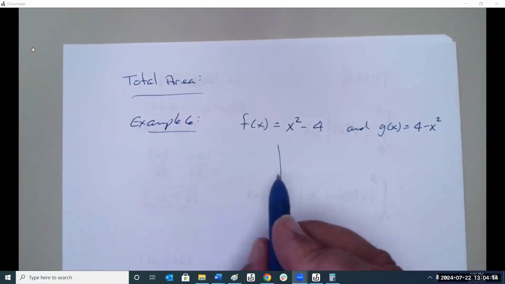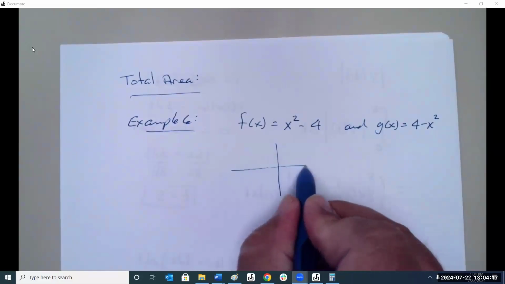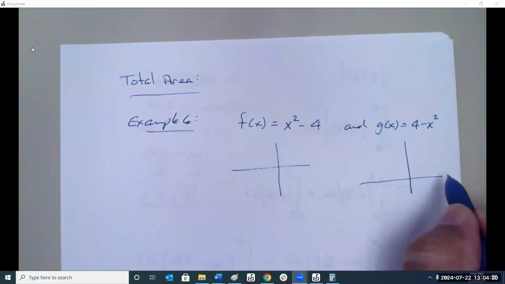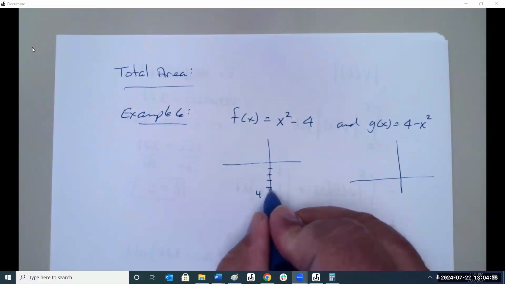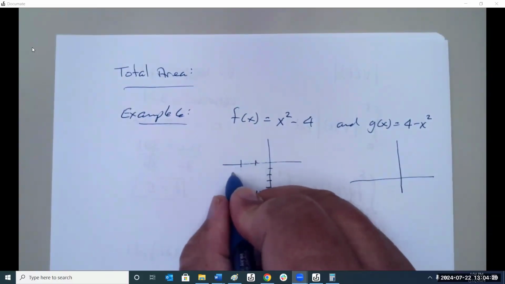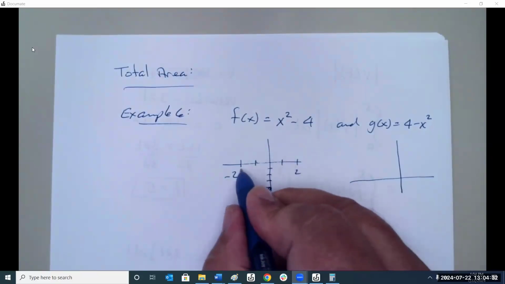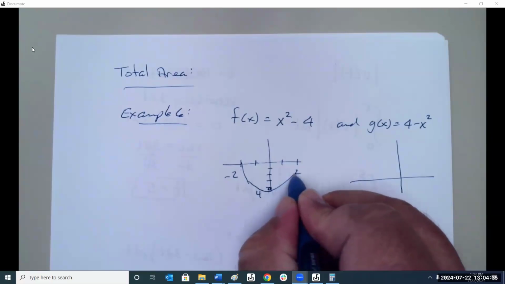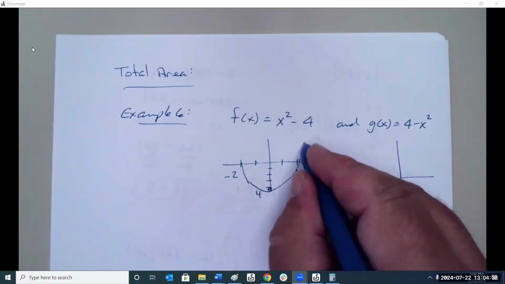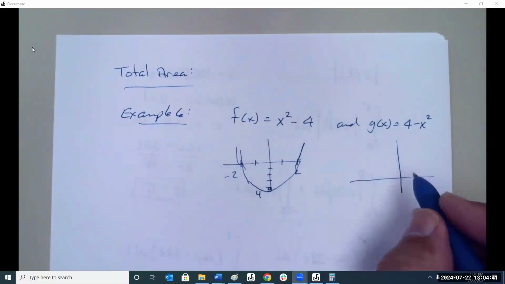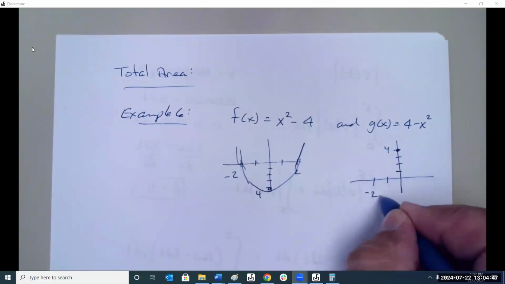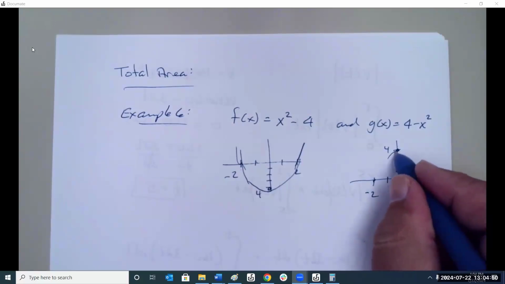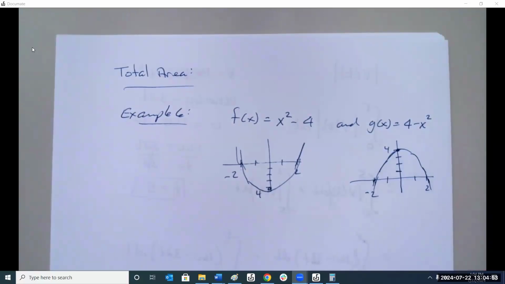If we look at the graphs of these things, if you look at both of these graphs, they're the same graph, just flipped across the x-axis.